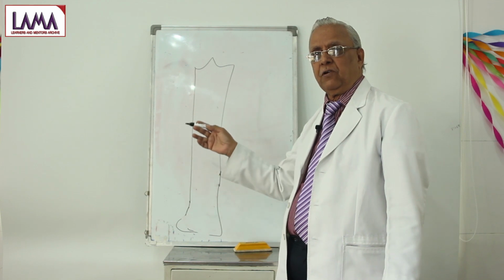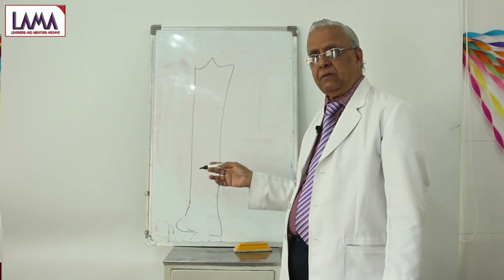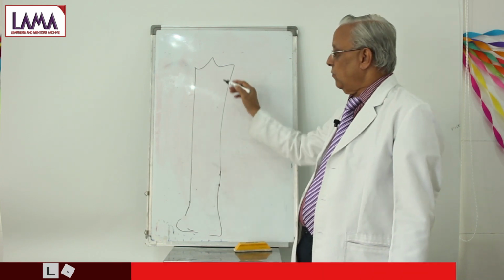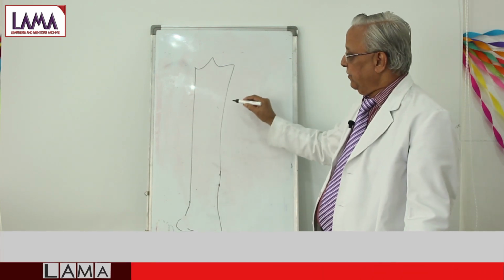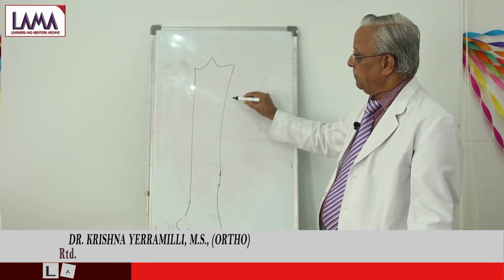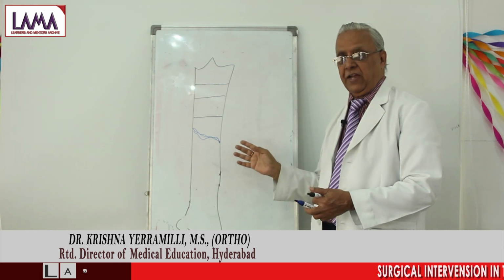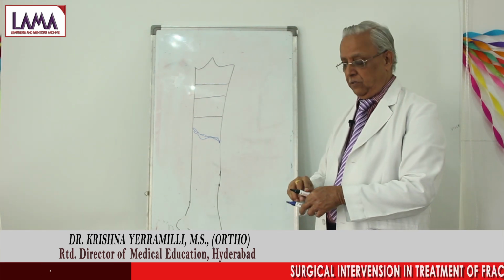So temporarily we have got to keep the bone in position. Here we don't open the bone at all, we try to insert pins. Usually there may not be a straightforward fracture, it may be a little bit oblique also.